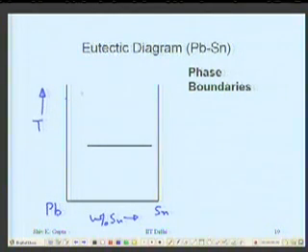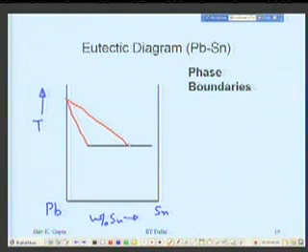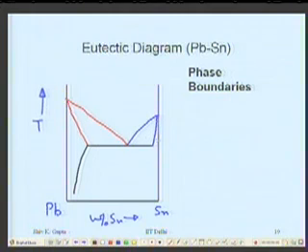The melting point of lead, field, that's the beta phase field.